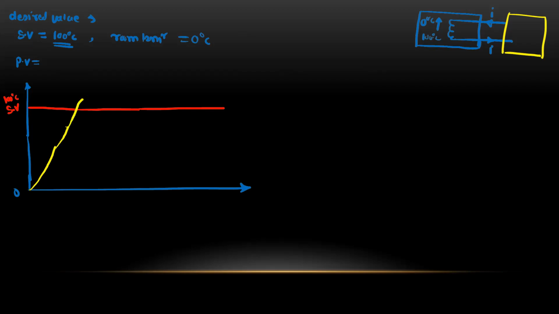Okay. And controller will try to control this output temperature, that is the process value, which is quite close to the set value, and it may oscillate depending on the control parameters, that means the value of Kp, Ki, and the Kd value.